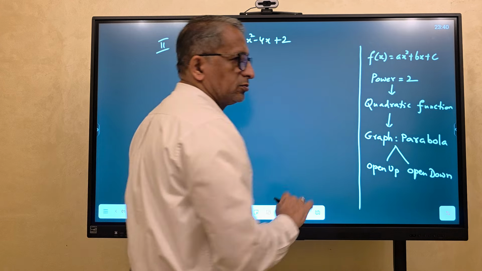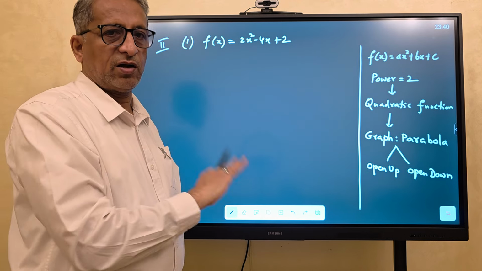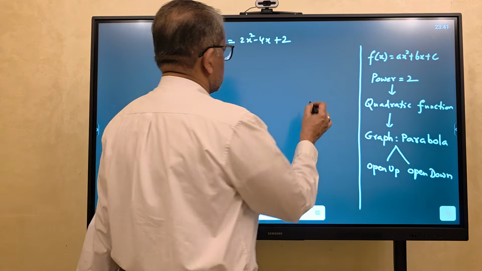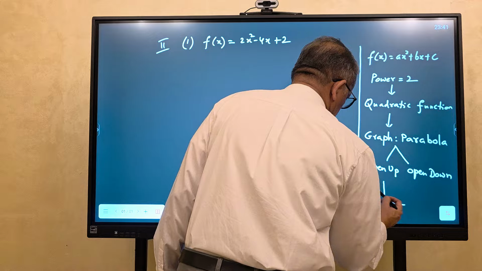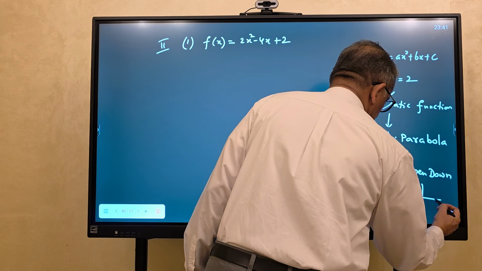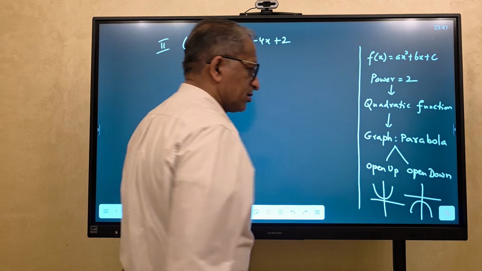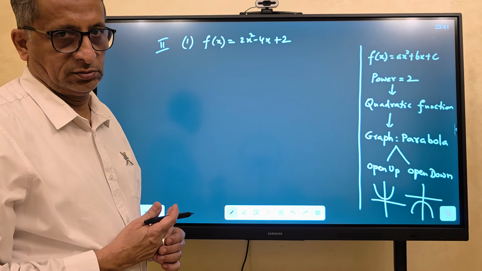Only two. Either it opens up or opens down, not right and not left. That means it is something like this. Open up, open down. Only these two, no other.